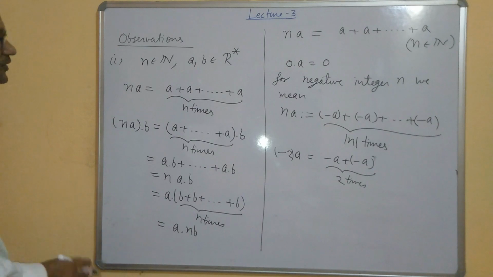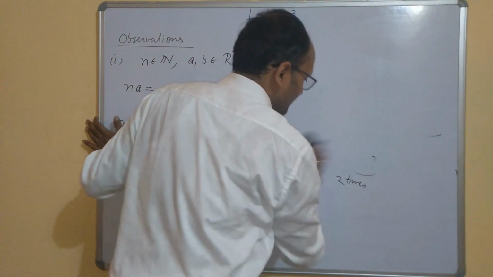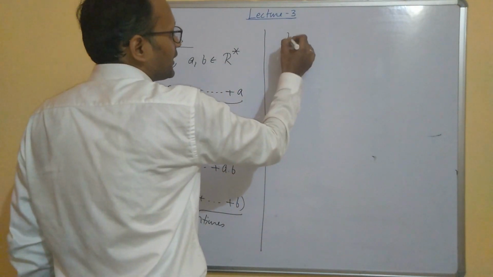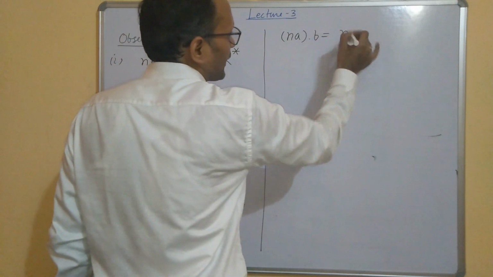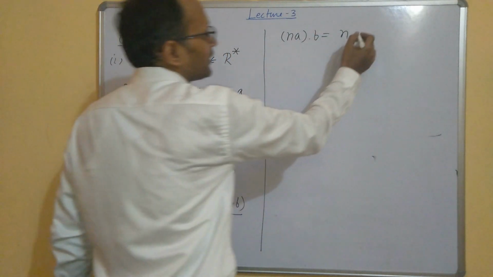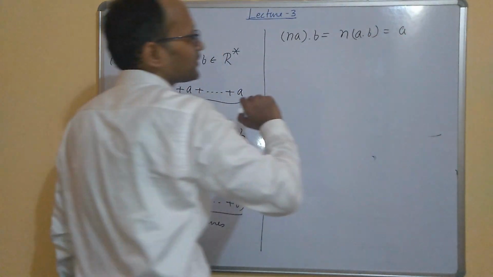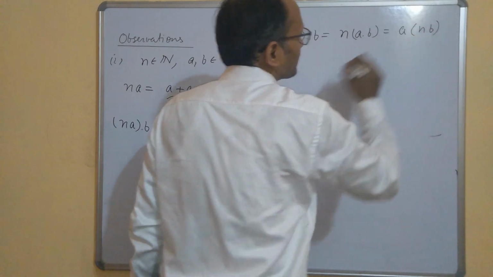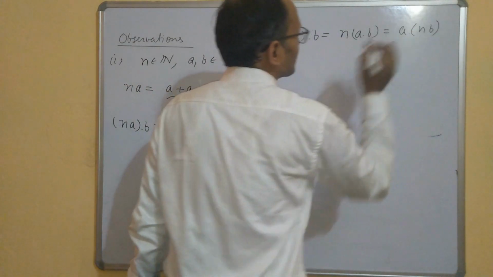So what we have shown is that na into b is the same thing as n times ab is the same thing as a times nb. So these three things are the same.